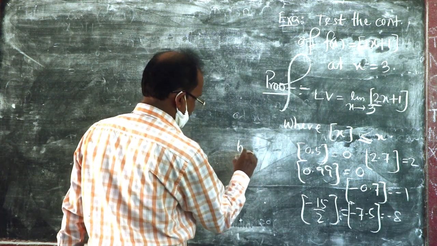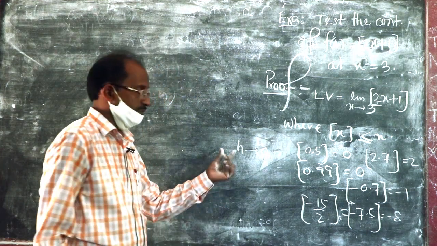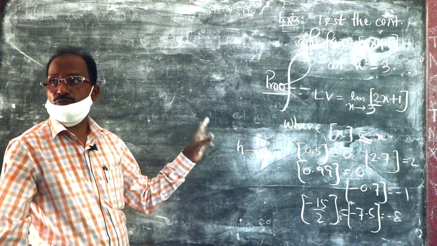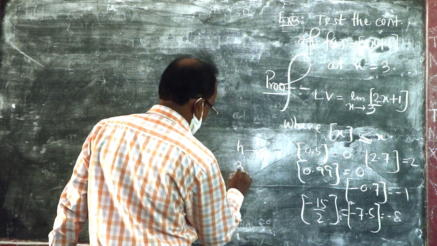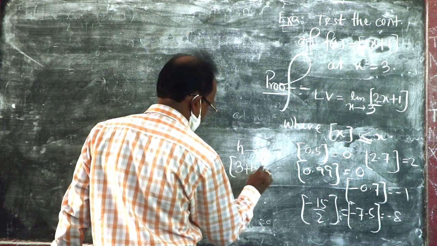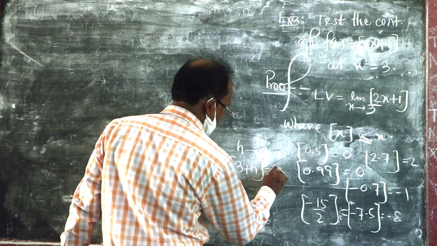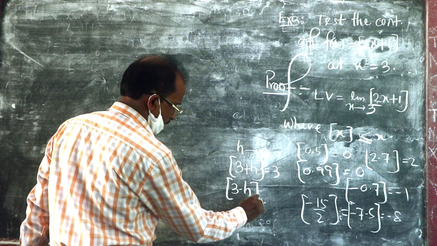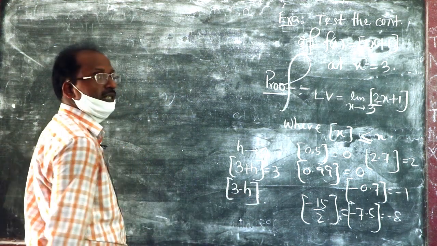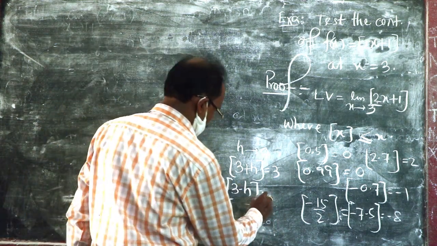Similarly, suppose h tends to 0, h is a very small positive number. Suppose 3 plus h bracketed value is equal to how much? That is equal to 3. 3 minus h bracketed value is 3 minus 0 point something, that is 2 point something, whose value is equal to 2.